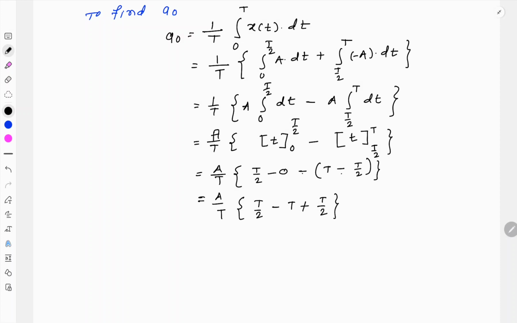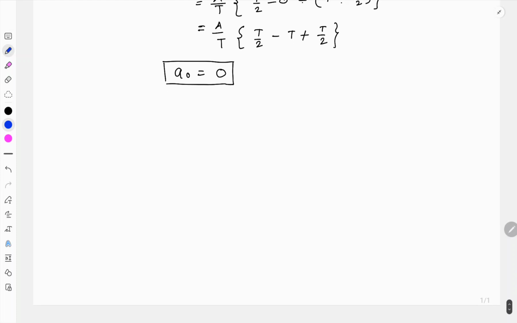So we get T by 2 minus T plus T by 2, and it becomes 0. So the first coefficient a0 is 0 for the given example.